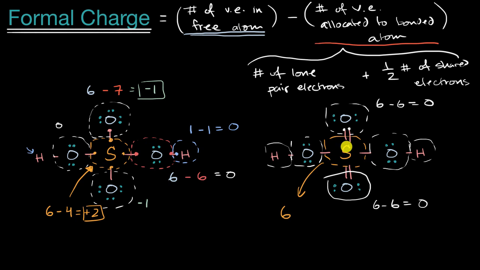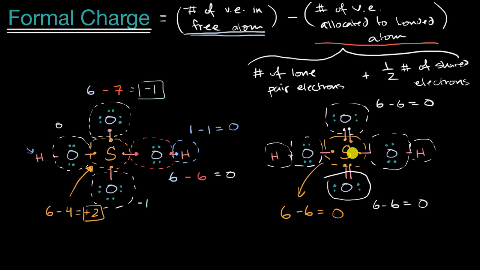And for the number of valence electrons allocated to this, we have no electrons in lone pairs. But if we take half of the bonds, we have 1, 2, 3, 4, 5, 6. So 6 minus 6 is equal to 0. So in this version of sulfuric acid, this resonance structure, you actually have no atoms with non-zero formal charge.